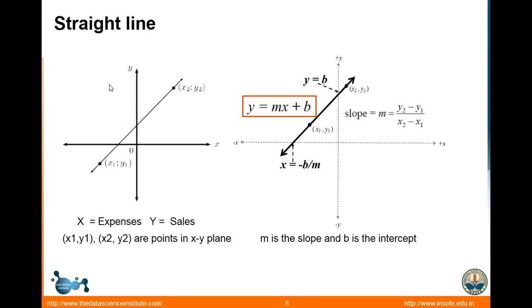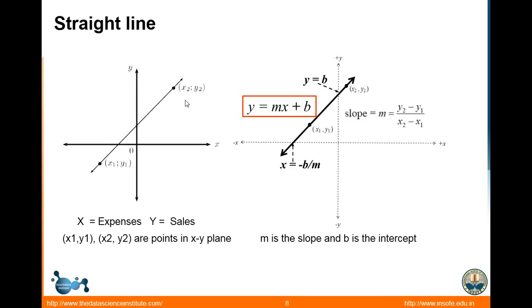So in a two-dimensional plane we have these 2 points. We can take an example like x is the expenses and y is the sales, and we can always draw a line between 2 points.